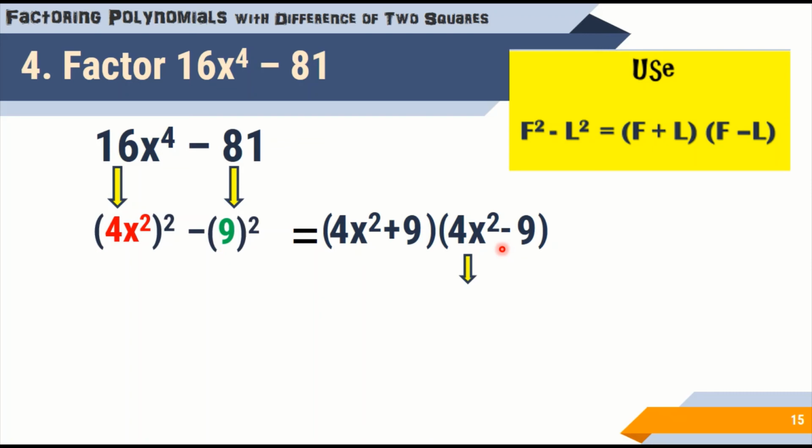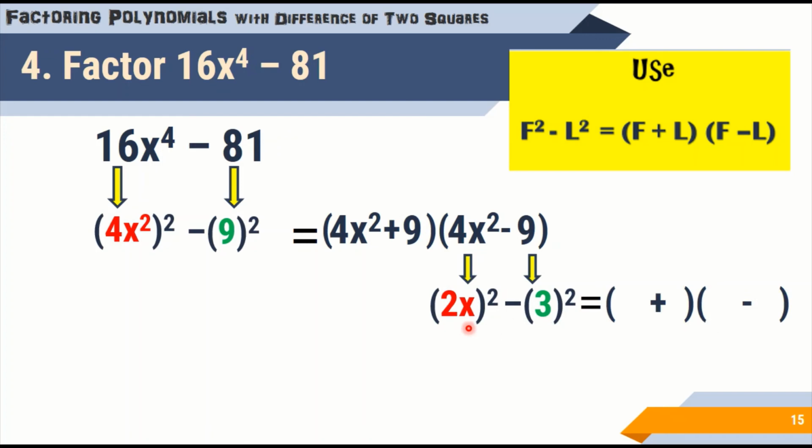4x squared is a square number of 2x, and 9 is a square number of 3. First term is 2x and the last term is 3. So copy the first term and last term. Let us observe again kung kaya pang i-factor 2x plus 3 and 2x minus 3. Hindi na.